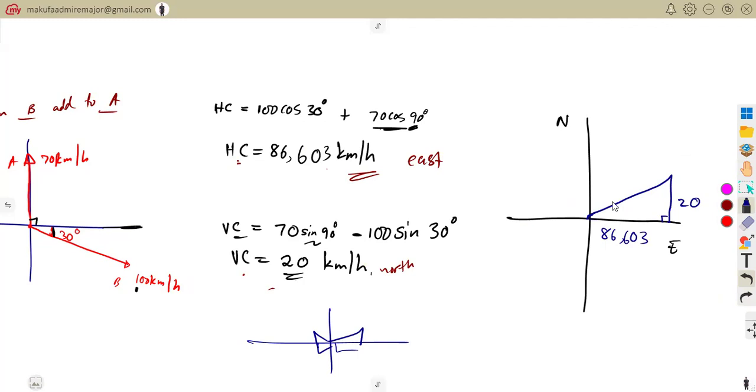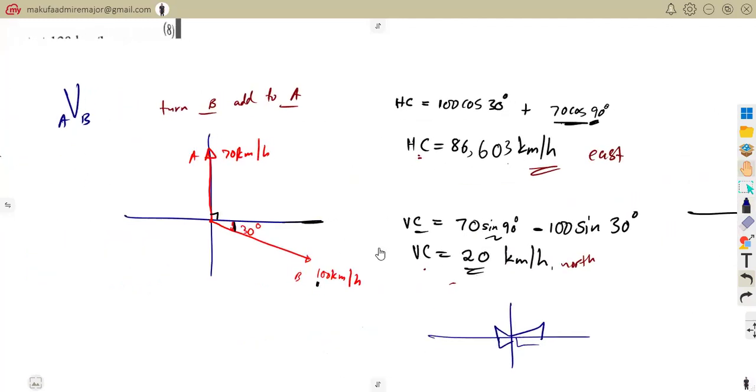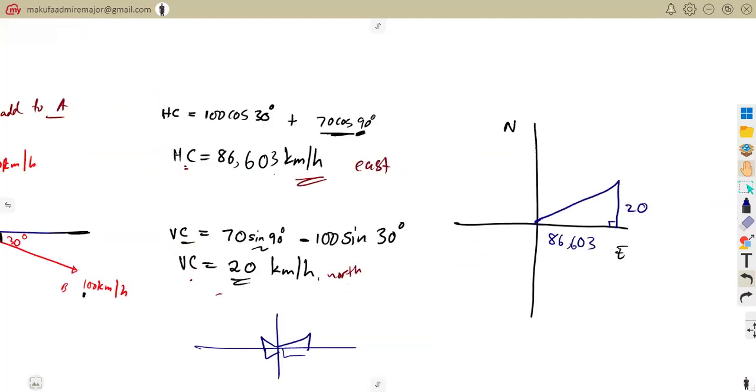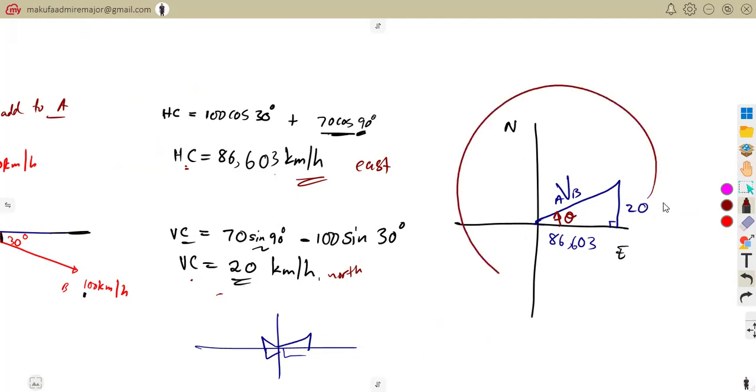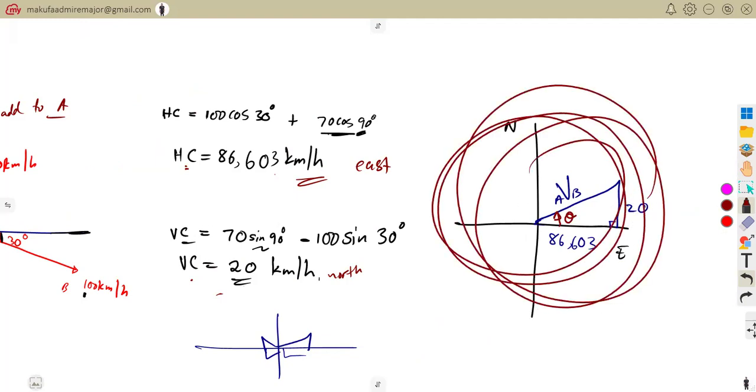The resultant, in this case our relative velocity of A relative to B, is this one, and the direction is our theta. This is the final diagram that gives us the resultant.